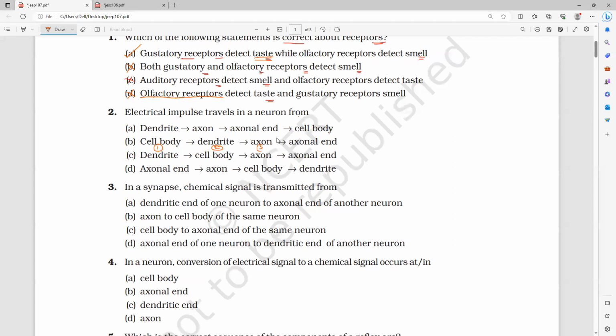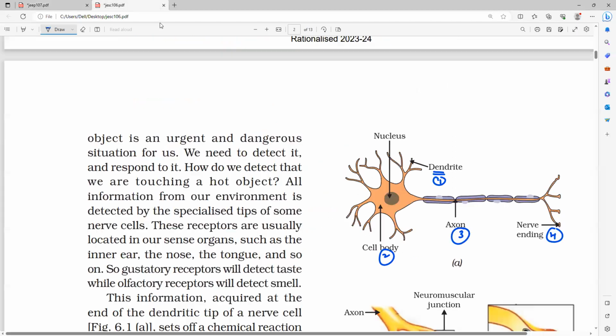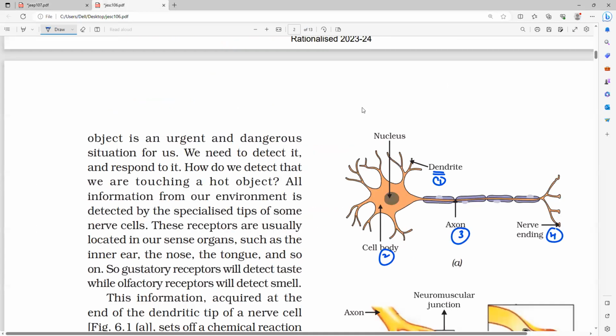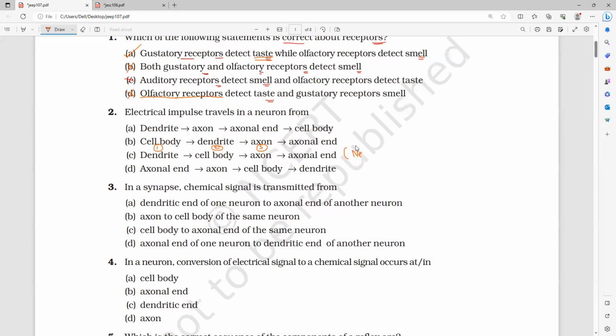The third one is axon, and the fourth one is nerve ending. Here another word is used for nerve ending: axonal end. Please write that. Nerve ending can also be called axonal end.